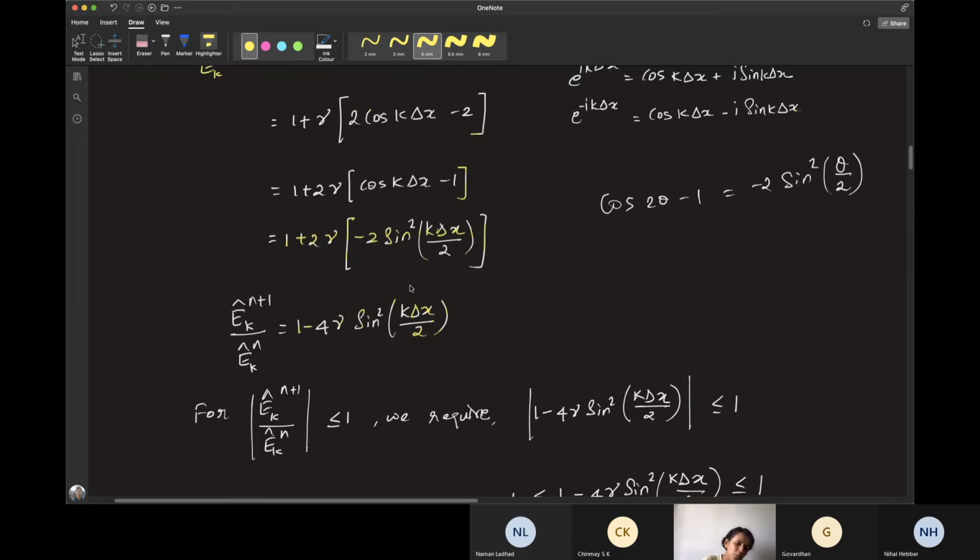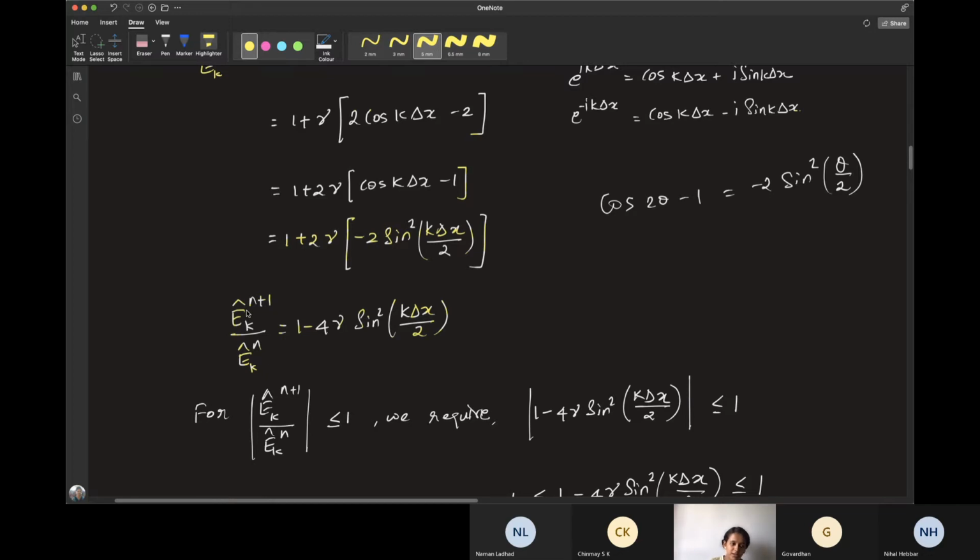So the main motive of stability is to see how your error grows over time. So for that we have obtained an expression. This expression states how error grows over time. So what do we require out of stability? That is, the error must not grow over time.